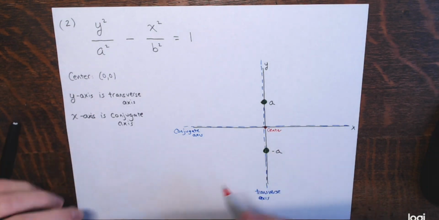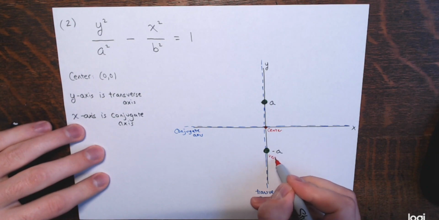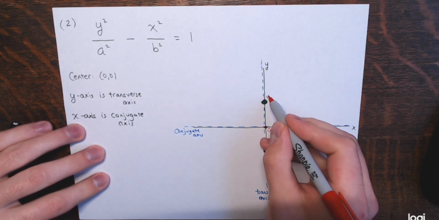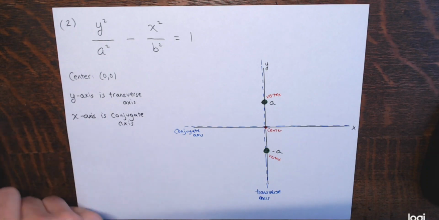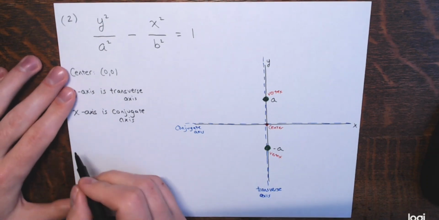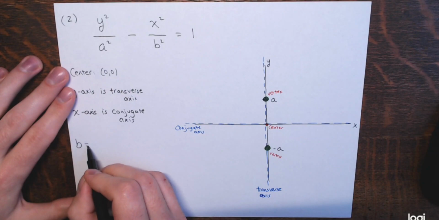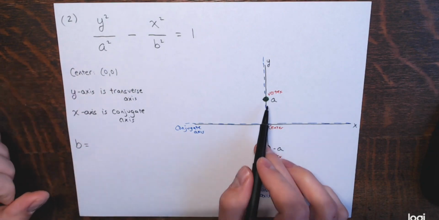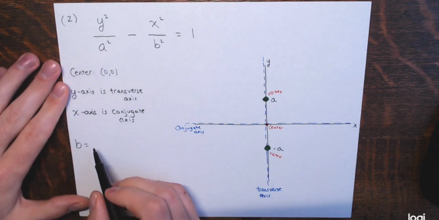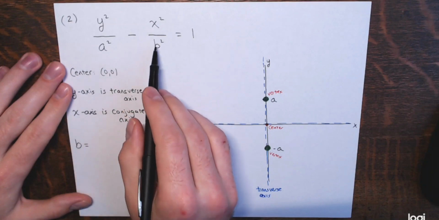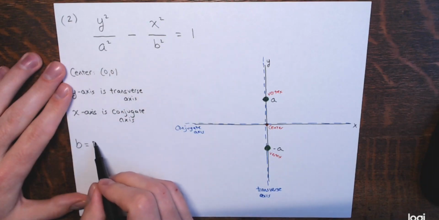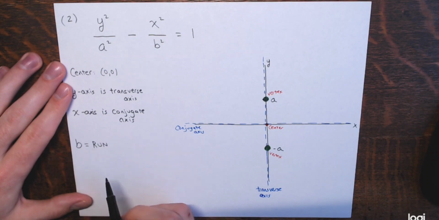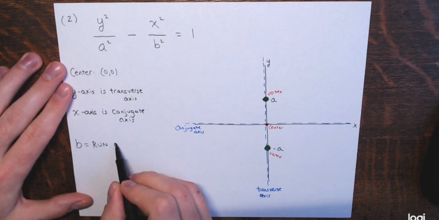The only major difference here is that b. a is still the distance from the center to a vertex. b this time is going left and right because it's under the x. It's going to be the run of the slopes of the asymptotes this time instead of the rise.